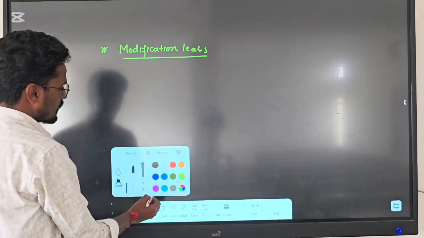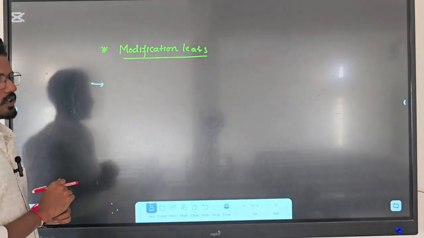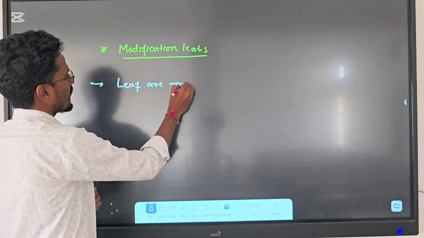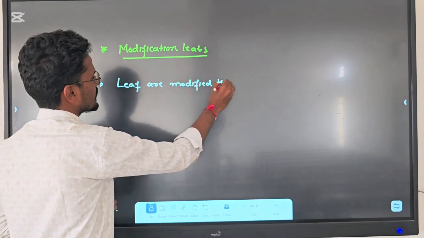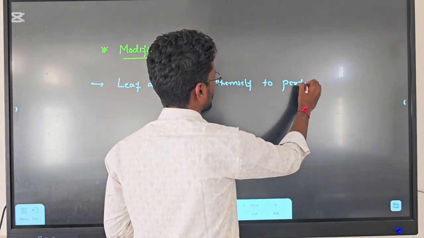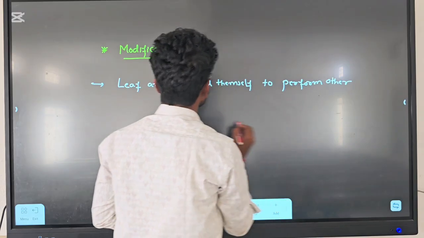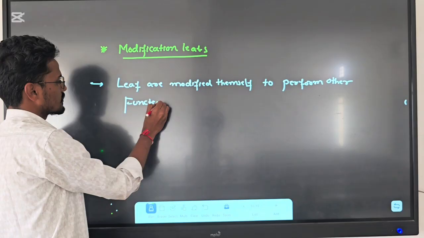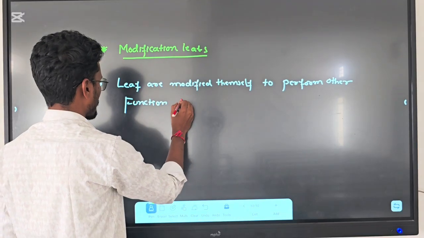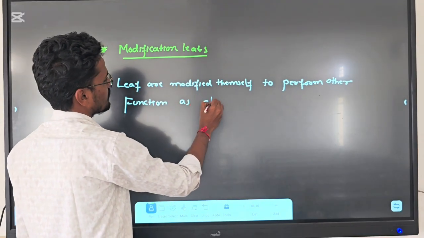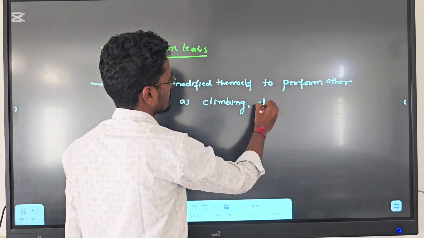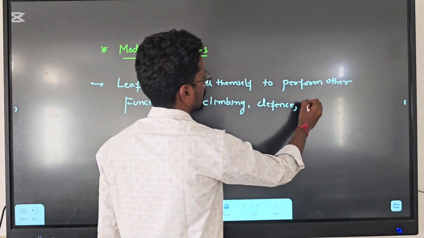How, we'll see. In leaf modification, leaves are modified themselves to perform other functions such as climbing, defense, and storage of food.